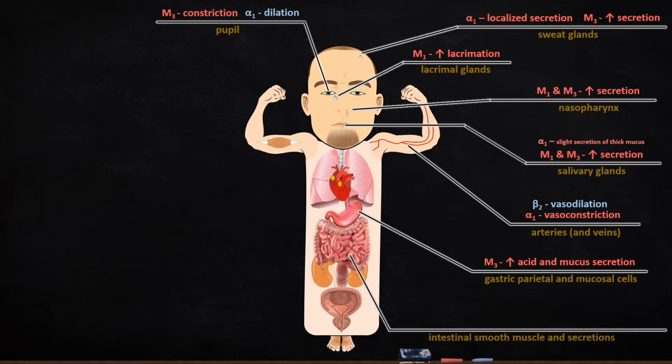The next organ we're going to talk about is the intestines, specifically the smooth muscle and secretion of fluid there. Now there are a lot of receptors we're going to talk about. We're going to go through them quite rapidly in the animation, and then I'll spend a little bit of time actually talking about each one. So in general, though, we have parasympathetic activity, which stimulates peristalsis, or movement of the intestinal muscle to move the digesting food forward.